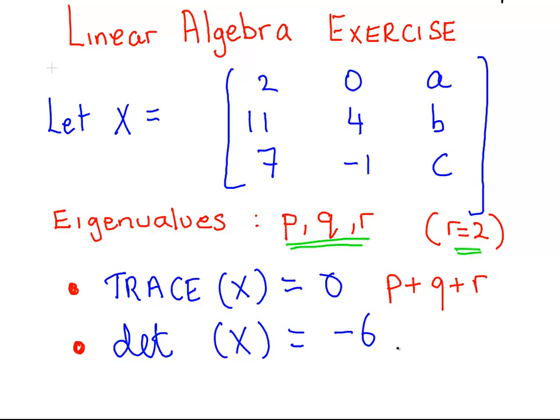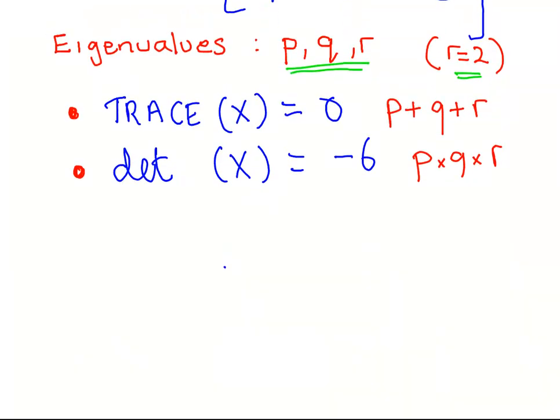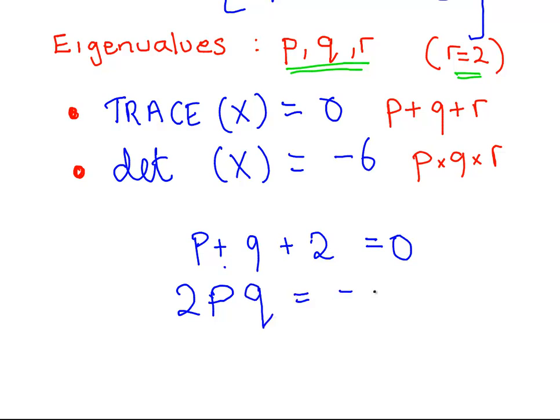And the determinant of x is the product, so this is equal to p times q times r. We know that r is already 2. So p plus q plus 2 is equal to 0, and 2pq is equal to minus 6. So we've got two equations and two unknowns.